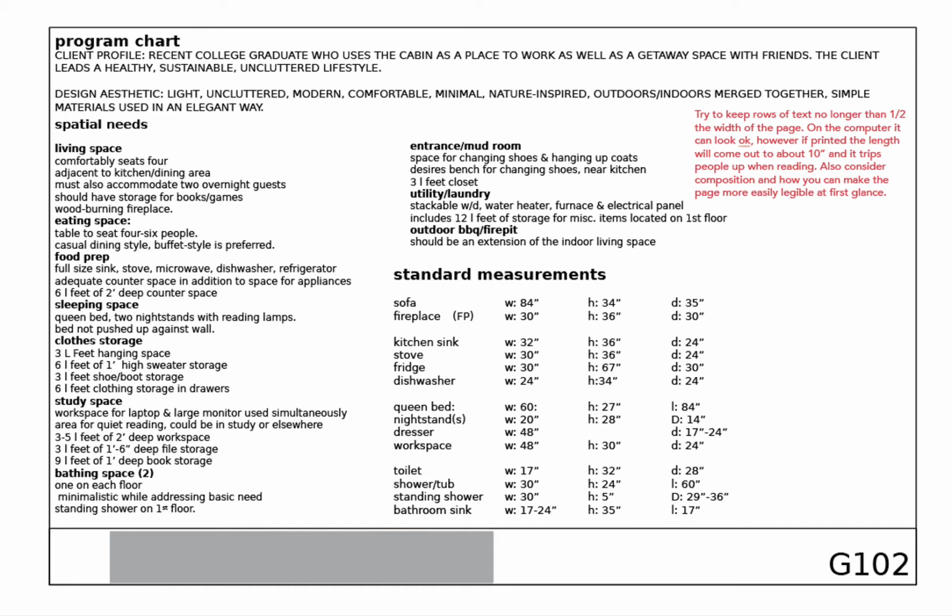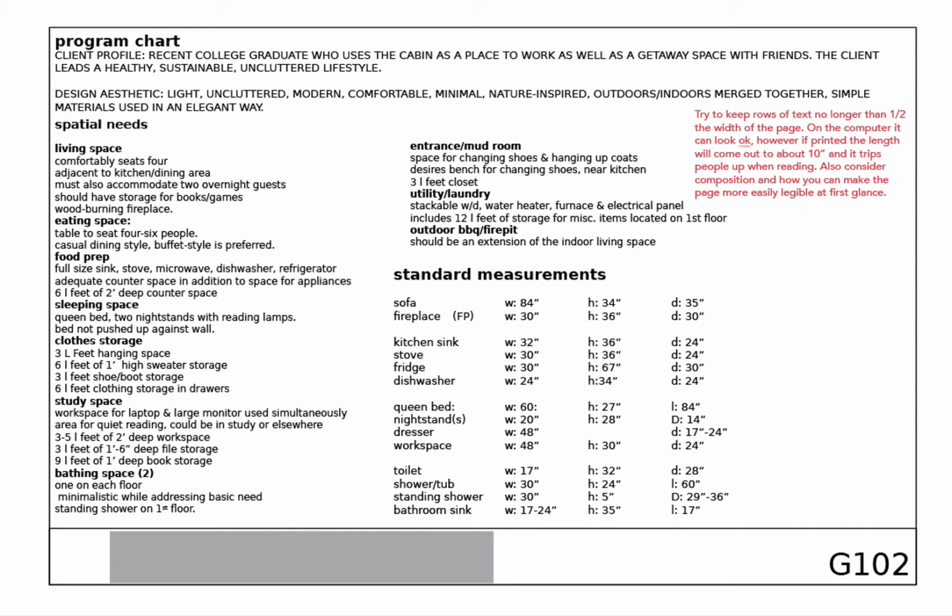And then the other thing, that already is going to change the composition of this page a little bit. And I understand this page has a lot of data on it, but based upon the effect that bringing that in to half a page will have, I would suggest thinking about graphic cues that you can add to really call out the different areas. So there's an area that says spatial needs and then standard measurements.